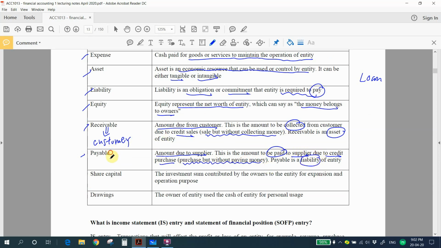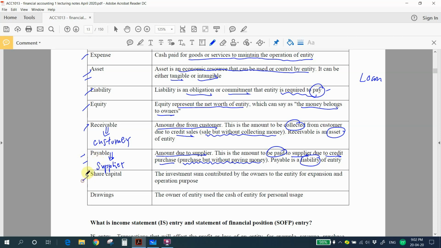So we can say that your supplier is your payable. And take note that receivable is an asset because you can control them. You can collect money from them in future. Payable, you are required to pay in future, so this falls within the definition of liability. So payable is your liability.